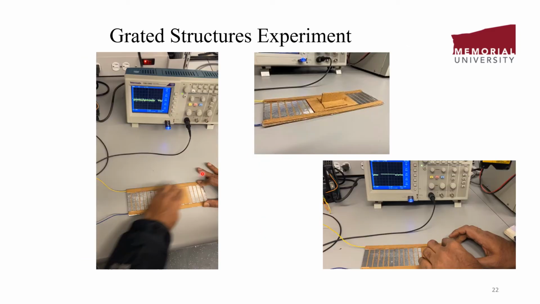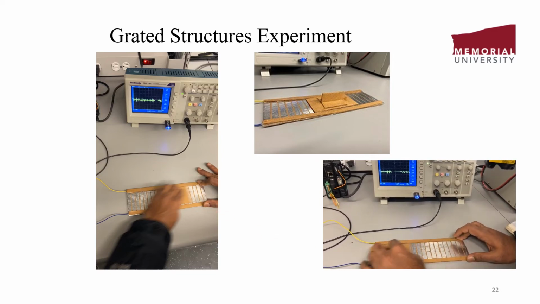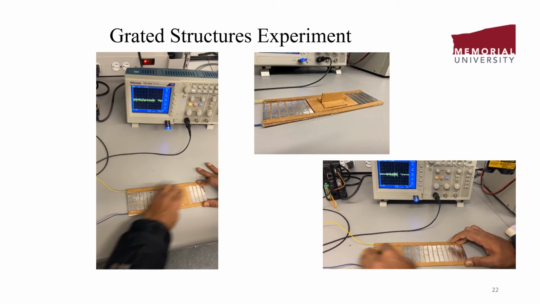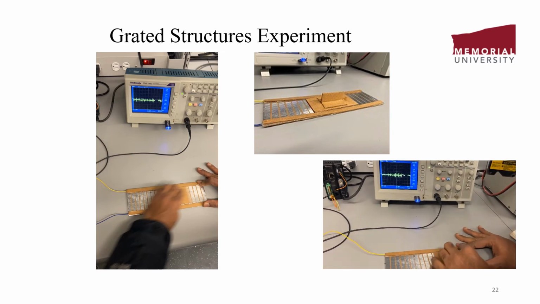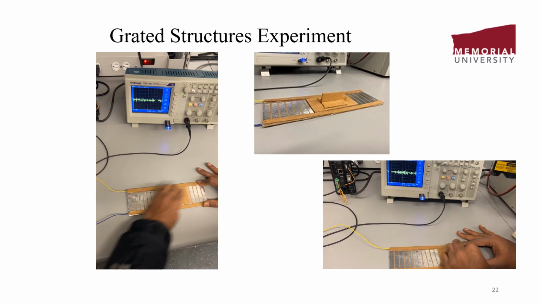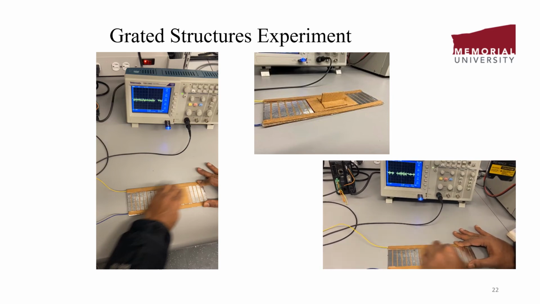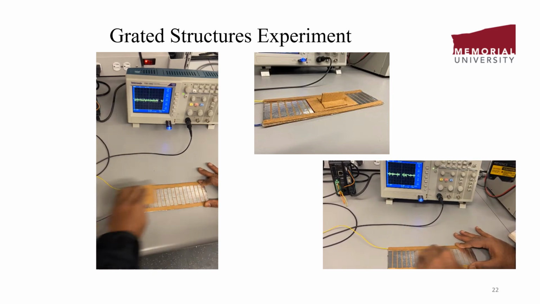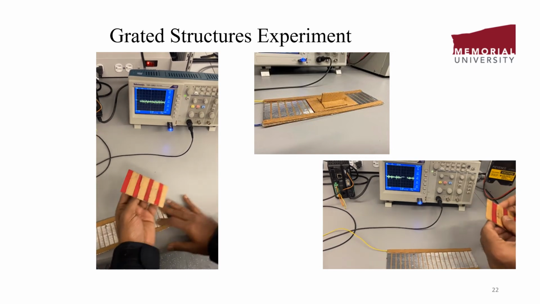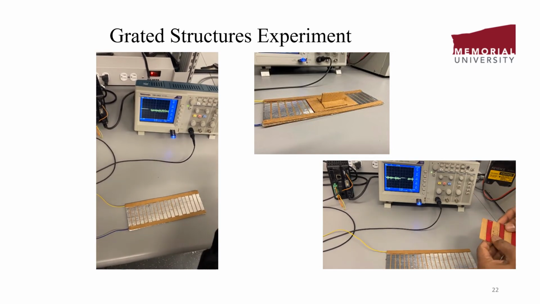So we conducted the experiment at the lab and observed the waveform, and we tried to maintain the uniform force and the rate for a fair comparison, and we observed that with the increase of the rate, of course, there was an increase of voltage output.